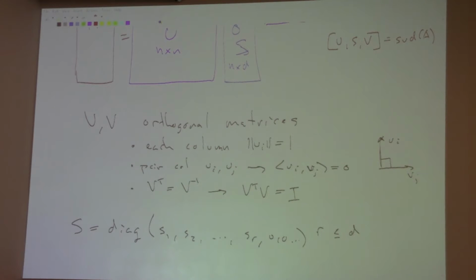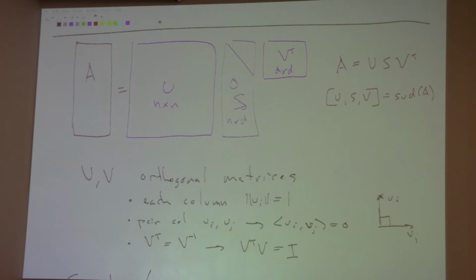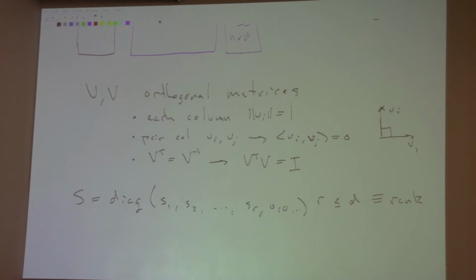This is what's called the rank. So s_i is the ith entry on this diagonal, and everything else is zeros except for these on the diagonal. And we're going to have that s_i is greater than or equal to s_{i+1}. So there's an ordering. These are decreasing.